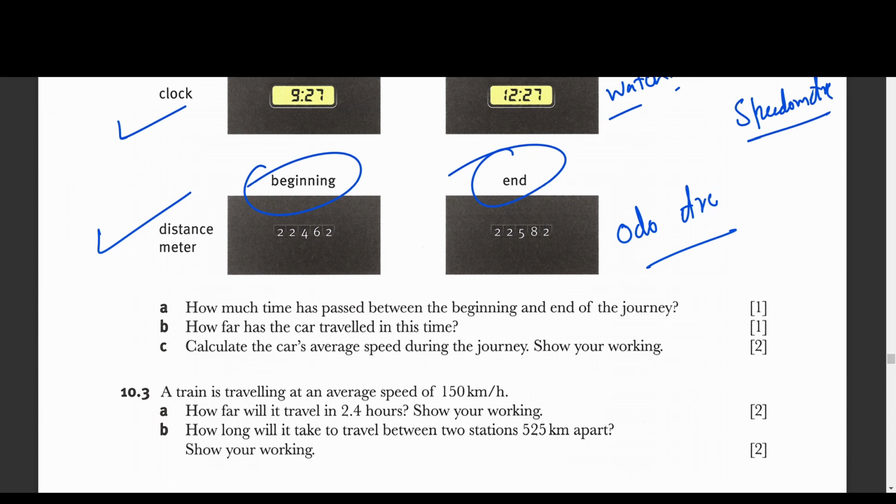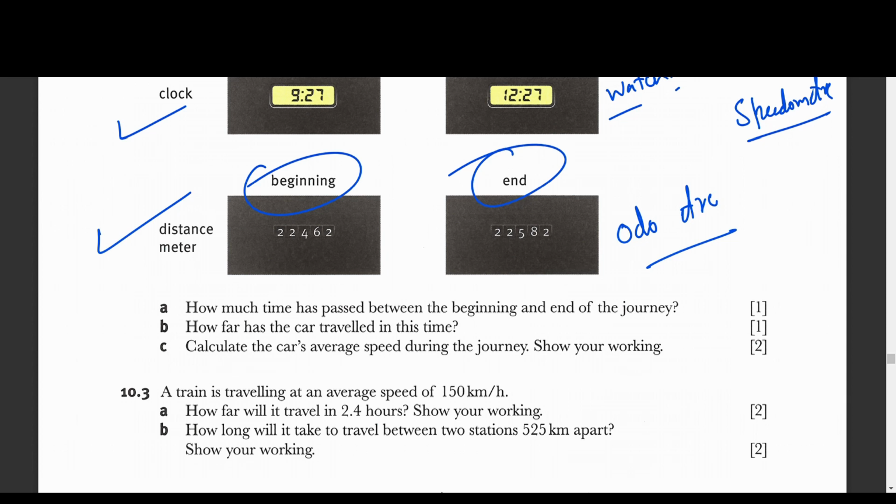Okay, the journey began at 9:27 and the journey ended at 12:27.